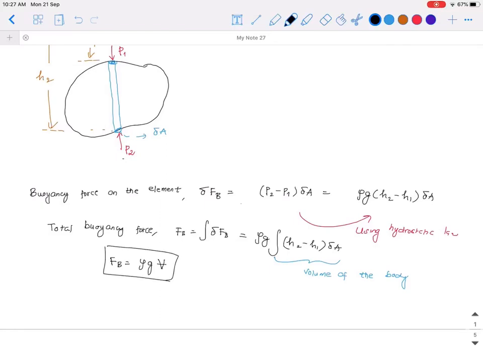That is the buoyancy force acting on the body that is partially or fully submerged in the flow field. This is nothing but the Archimedes principle, which says that the net buoyancy force is equal to the weight of the liquid displaced by the body.